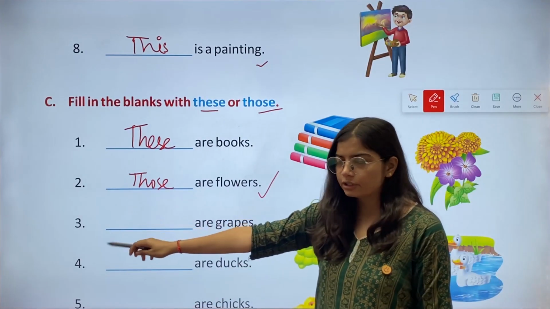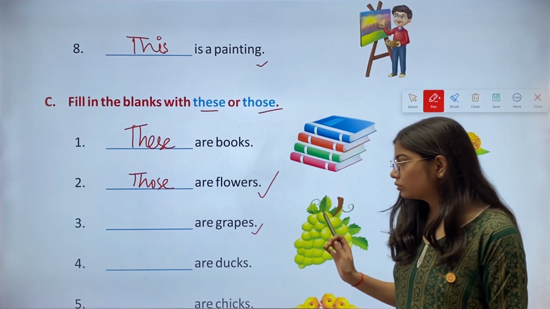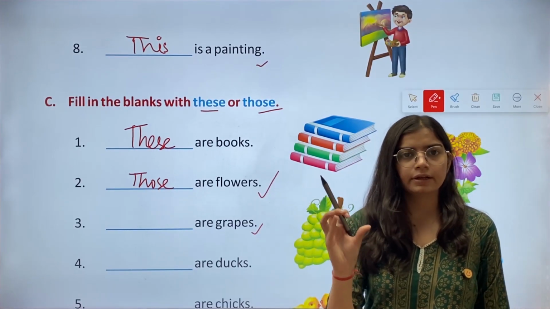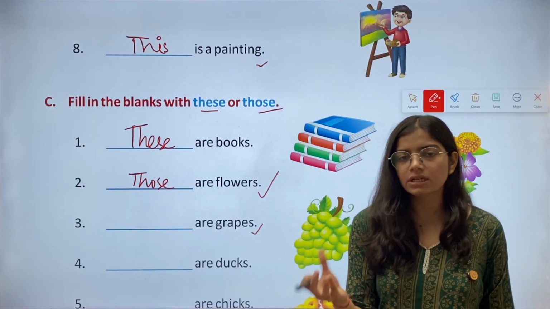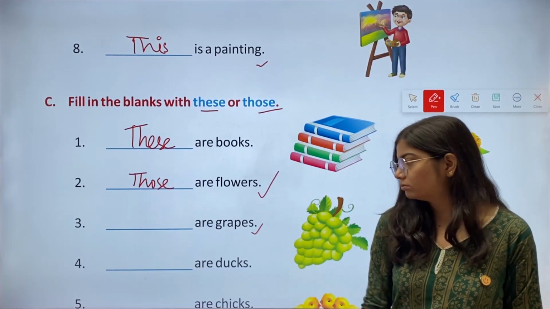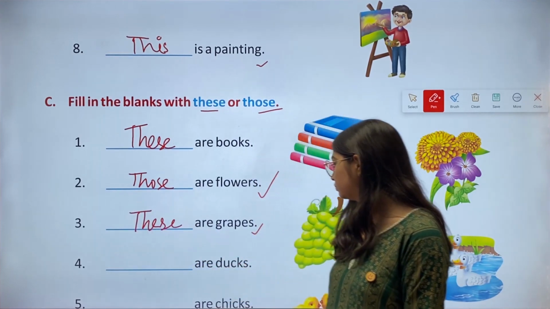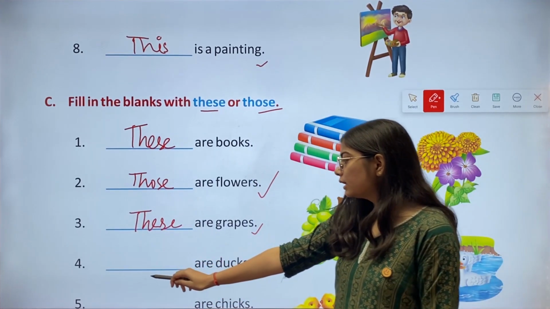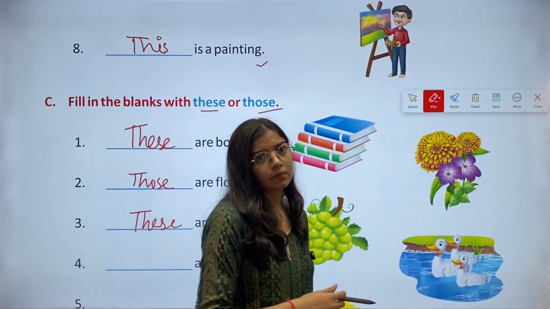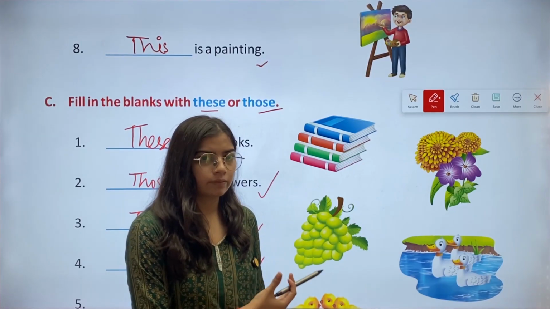Then we have third, dash are grapes. Here are the grapes. So these grapes are near to us and they are more than one basically. So we use the word these. Then fourth, dash are ducks. Here are the ducks and these ducks are far away from us.